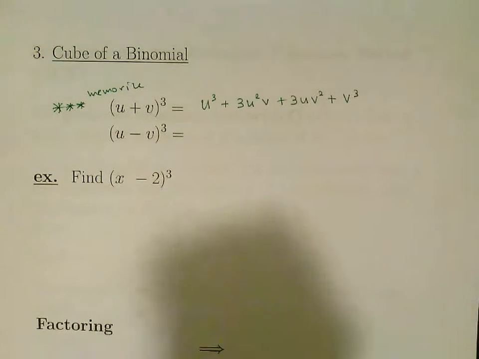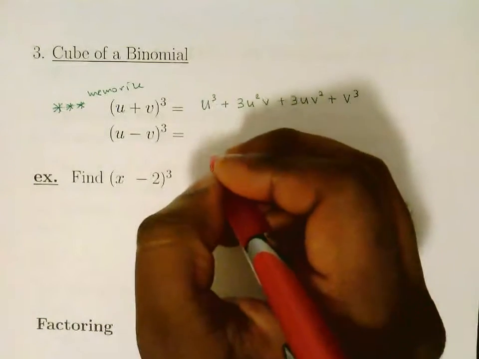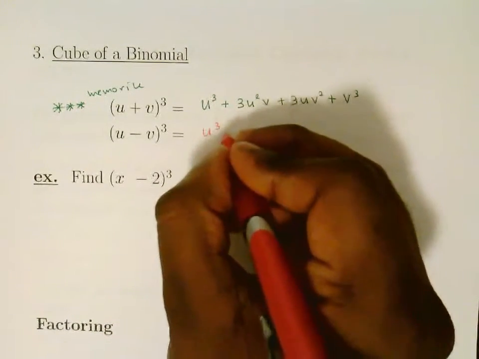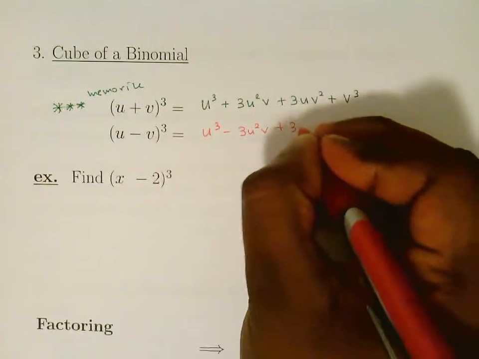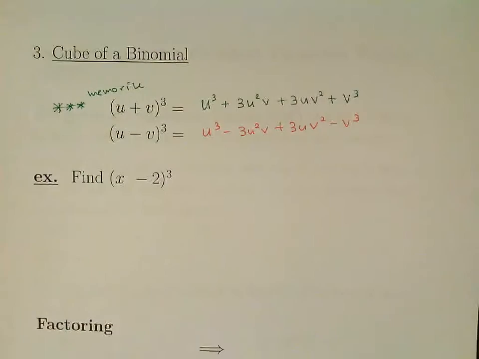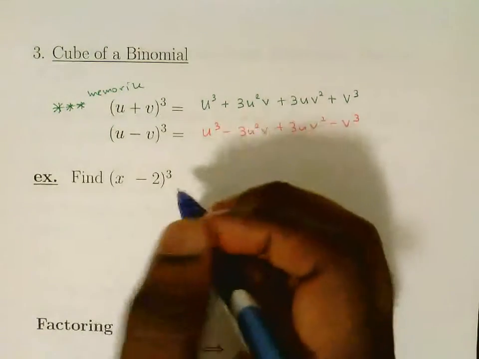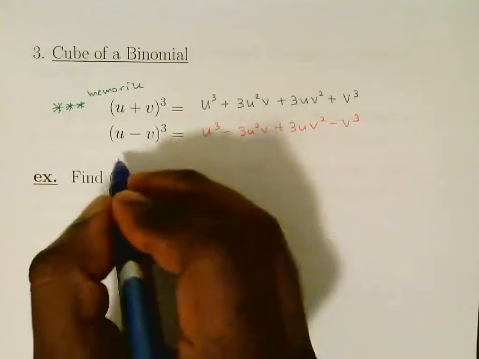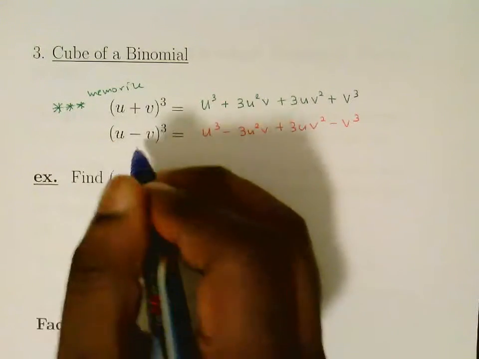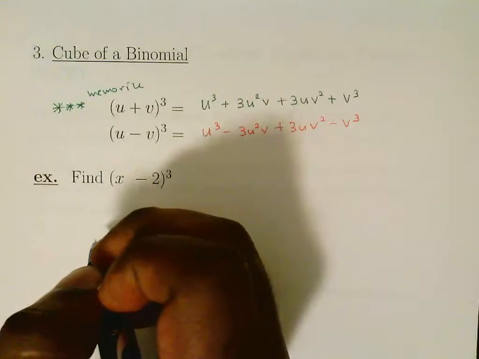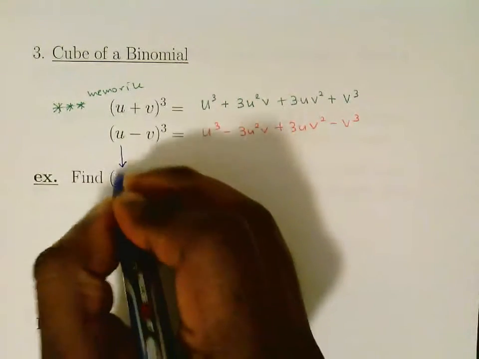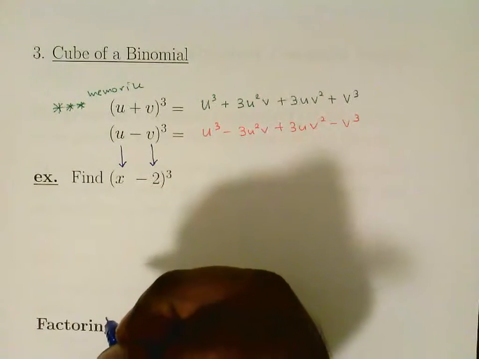Now, the other one is the cube of a binomial, but the cube of a difference. That's u cubed minus 3u squared v plus 3uv squared minus v cubed. You can see the difference is that the negative sign is alternating in the second equation. Okay, so let's apply this. We are using the second formula, the difference cubed, and your x is u, your v is 2.